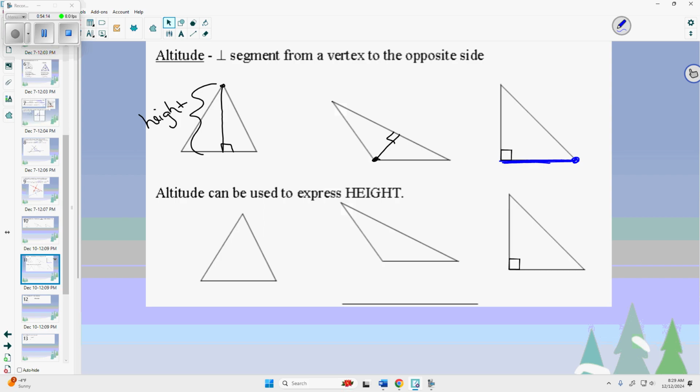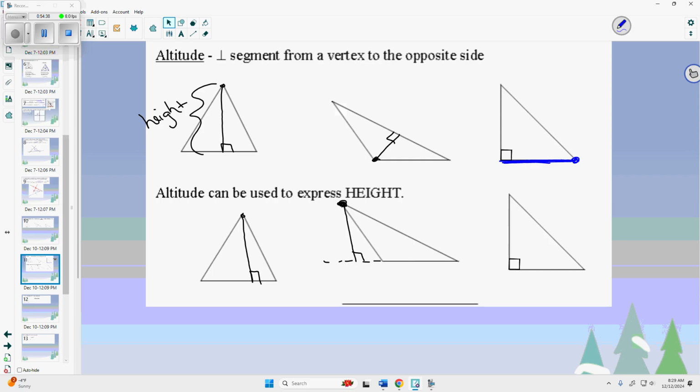Which altitude I want depends on the orientation. So for instance, on this one, I might go here. But if I did that on the next one, can I end up inside the triangle at a right angle if I'm going from this point? Is there anywhere in here that will give me a right angle? No. So sometimes you have to extend a side so you can put in your altitude.